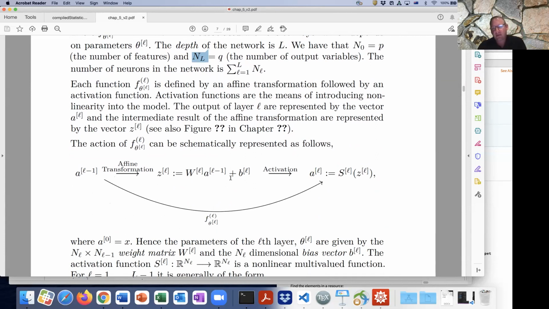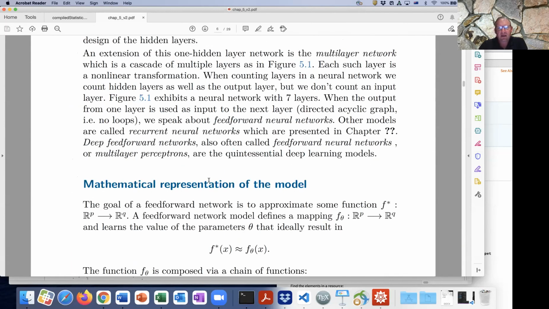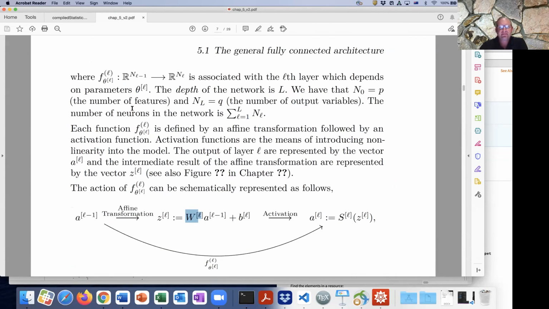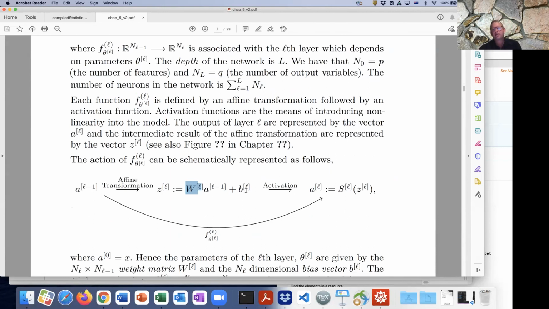One is an affine transformation, which means multiplication by a matrix and addition of a vector. The matrix multiplication is what you see here, all these arcs between the previous layer and the next layer. The addition of the vector, in machine learning, we sometimes call a bias term.